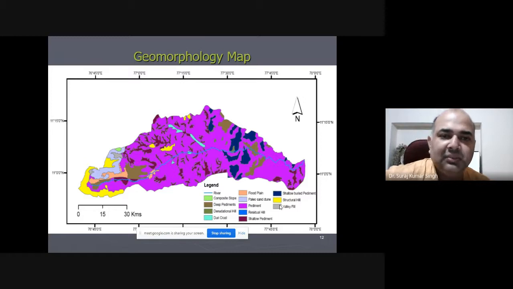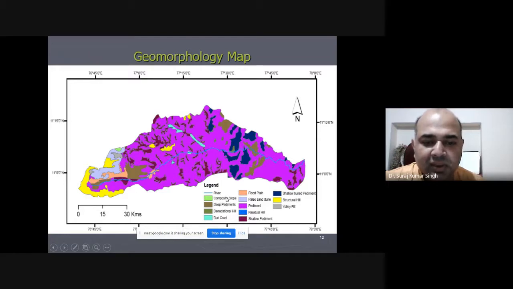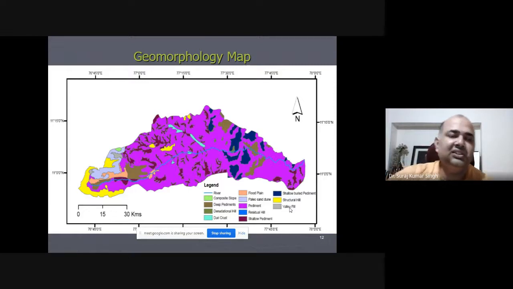So, using satellite images, we will be classifying the geomorphological maps, whether that is piedmonts, denudational hills, floodplains, paleo sand dunes, pediments, residual hills, buried pediplains, structural hills, or valley fills. Nowadays remote sensing and GIS technique is readily used in geology, geography, and civil engineering, and is a very important tool for environmental science, because this is a tool that has to be applied for any kind of investigation.